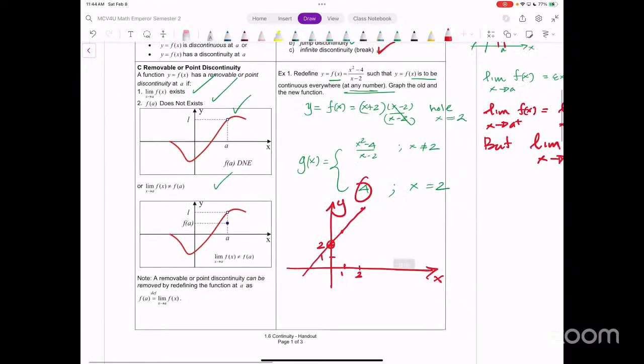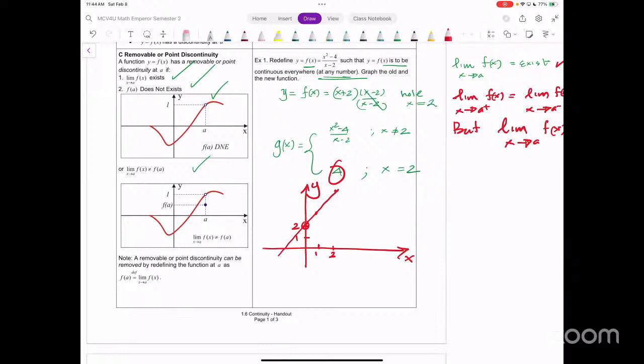So do you just graph the remaining? No, I graph this with x not equal to 2. But when I define x equal to 2, I put 4. When you simplify the function, you got only x plus 2, isn't it?